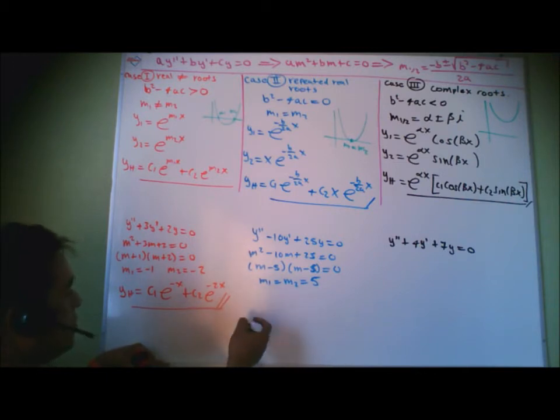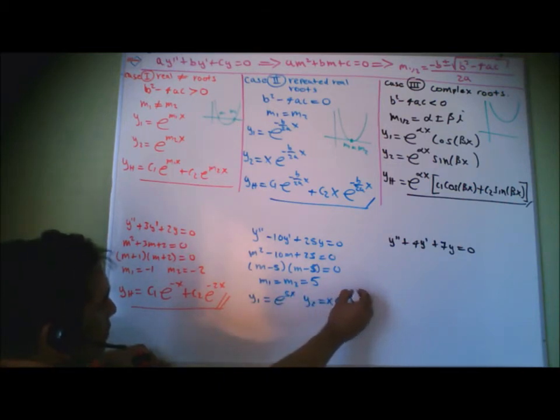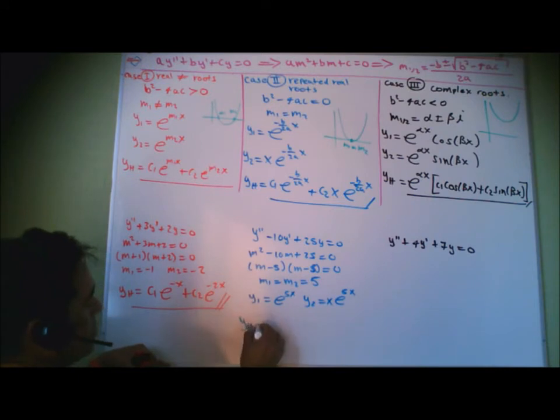So my first solution is exponential of 5x, and the second solution is just x times the first solution. The homogeneous solution is going to be c1 exponential of 5x plus c2 x exponential of 5x, and that's it.